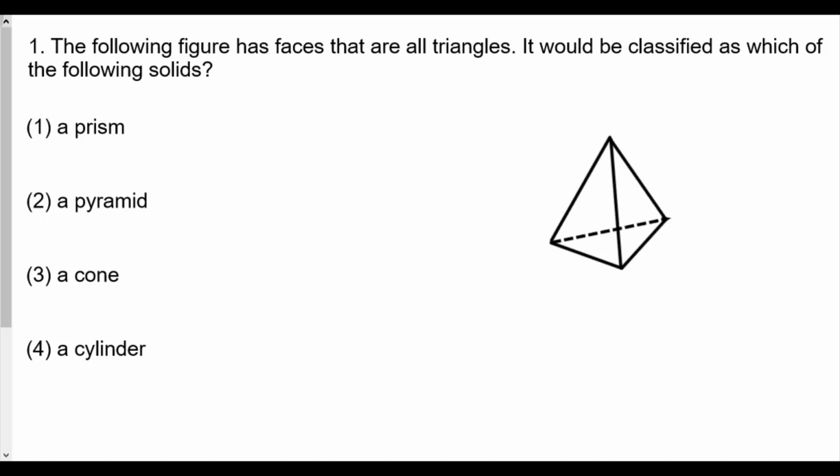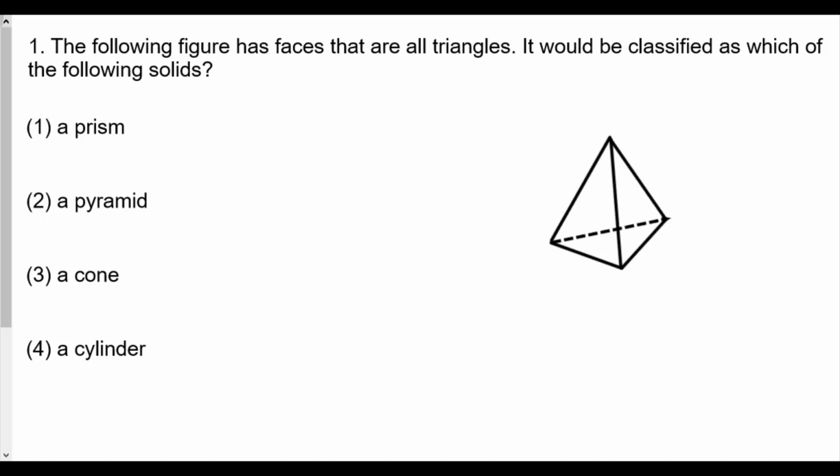So let's begin. Number one, the following figure has faces that are all triangles. It would be classified as which of the following solids? Choice 1, a prism, choice 2, a pyramid, choice 3, a cone, or choice 4, a cylinder.